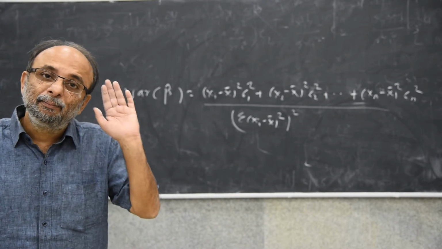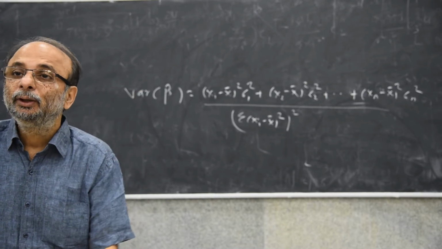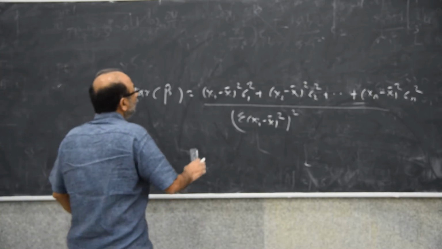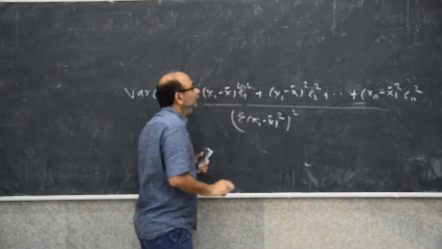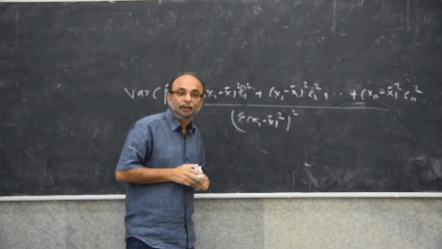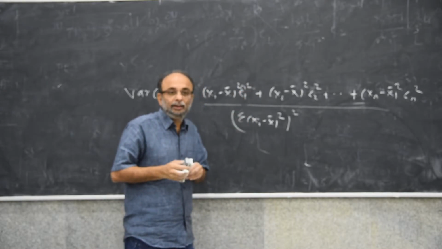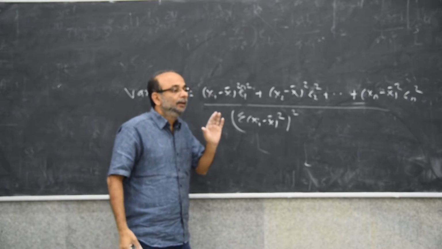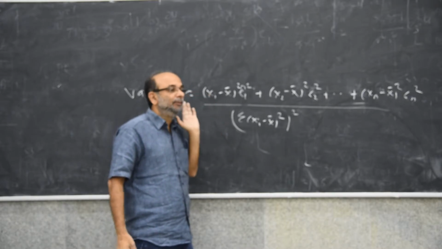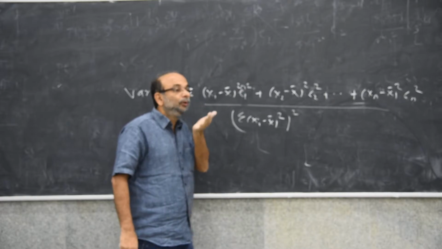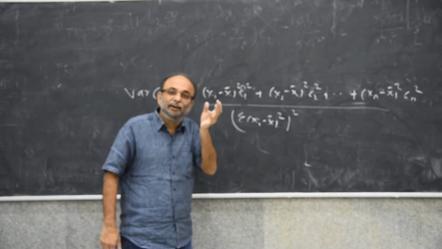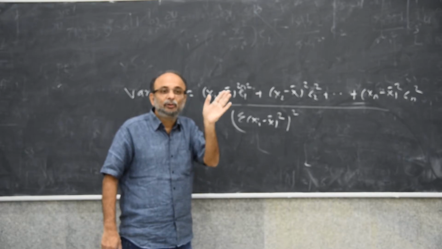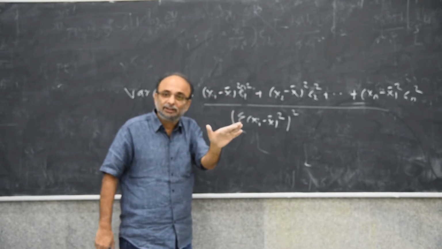So one simple approach would be to replace sigma 1 square by E1 hat square. Because what is E1 hat square? We want an estimate of sigma 1 square. We do not observe sigma 1 square. What we have is an estimate, E1 hat square, which could serve as an estimate of the variance of the first error term.